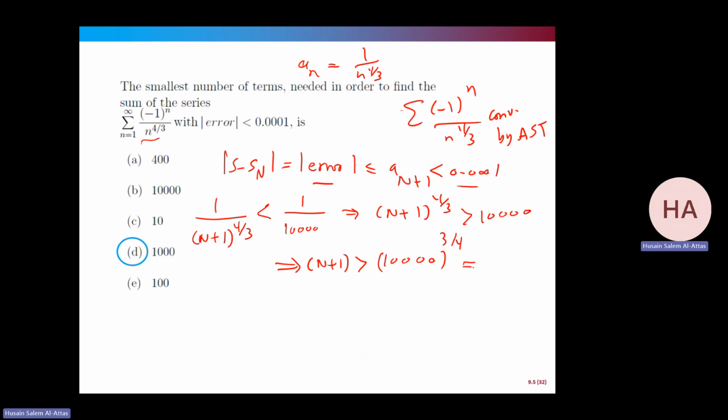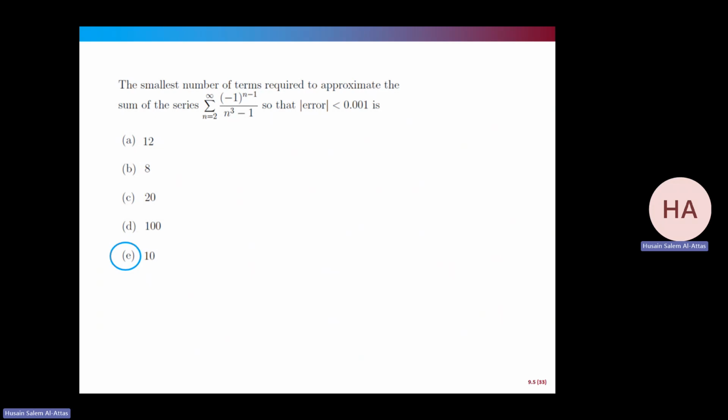So you have 10 cubed, which is 1,000. So n should be greater than 999. So the smallest number of terms is 1,000. An integer more than this, which is 1,000. The smallest number.